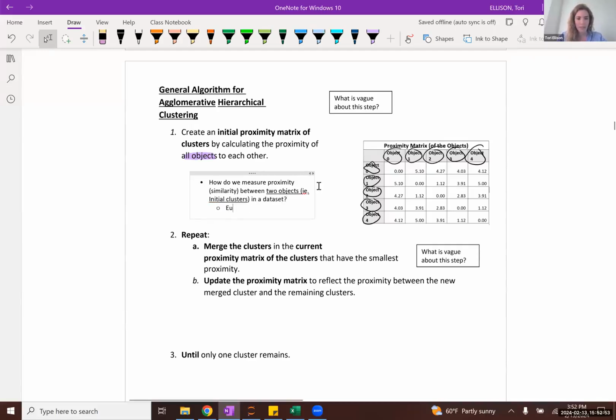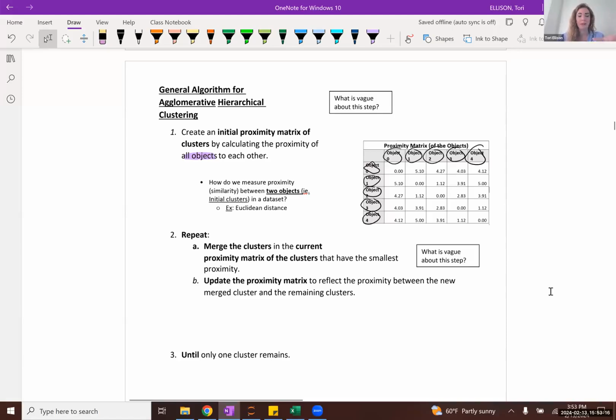Unless you have reason to believe otherwise, perhaps Euclidean distance could be one such option.